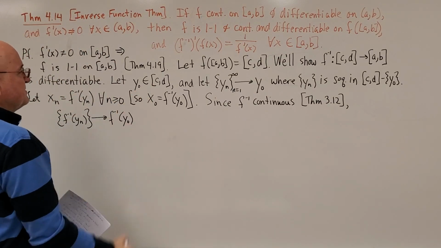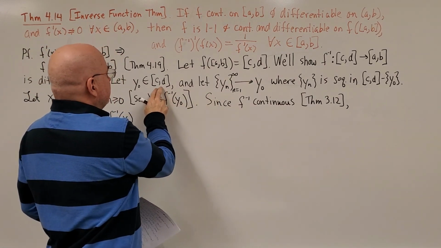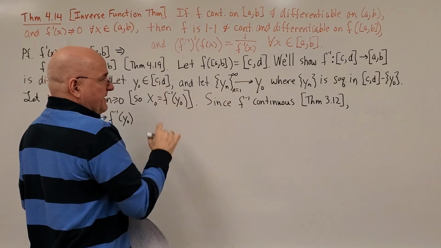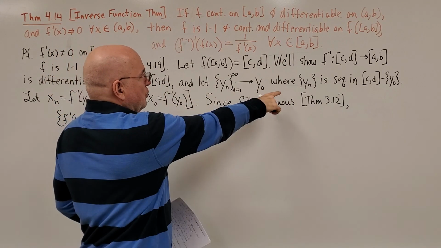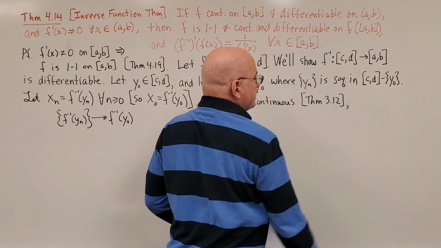So we'll take an arbitrary point in [c,d] and show that it's differentiable at that point. So y0 comes from the interval [c,d]. Let yn be any sequence in [c,d] that converges to y0, but it can't equal y0. So yn is a sequence in the interval [c,d] minus that point y0.